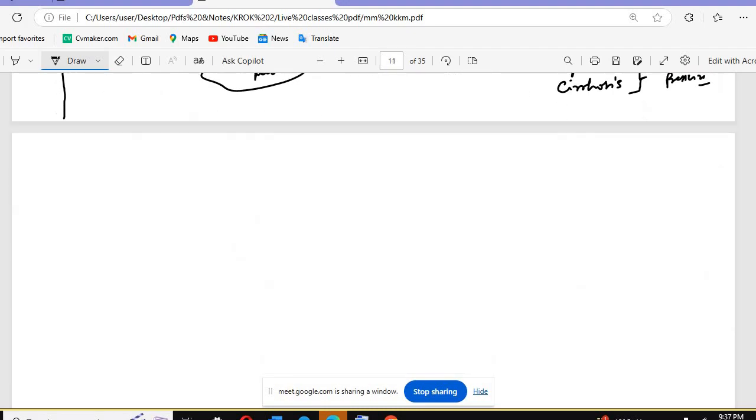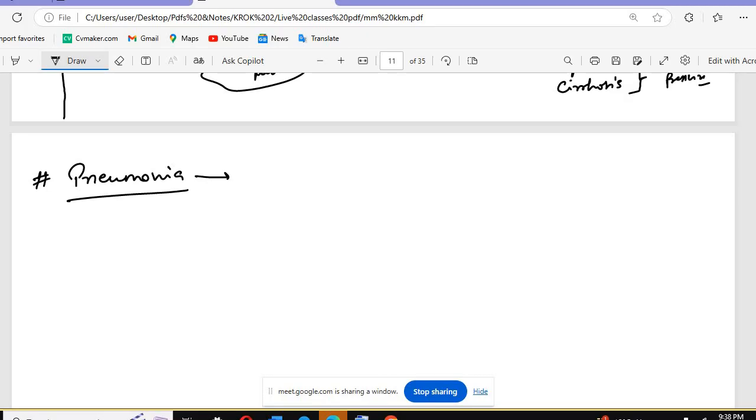Okay, the next lung pathology that is very, very common is pneumonia. What is pneumonia?